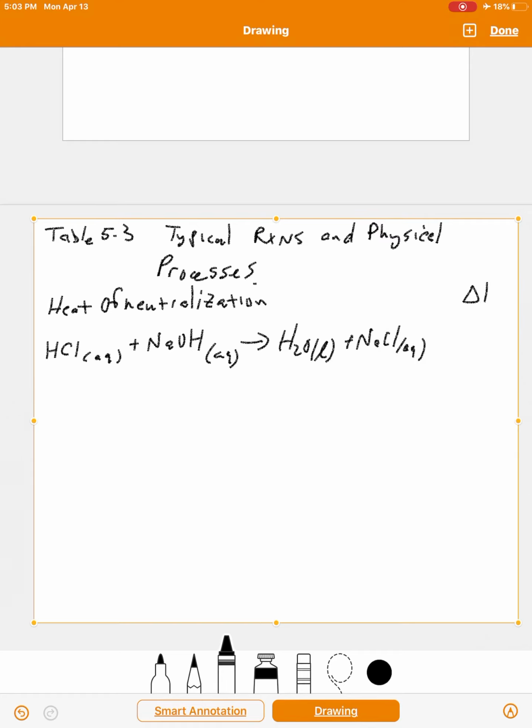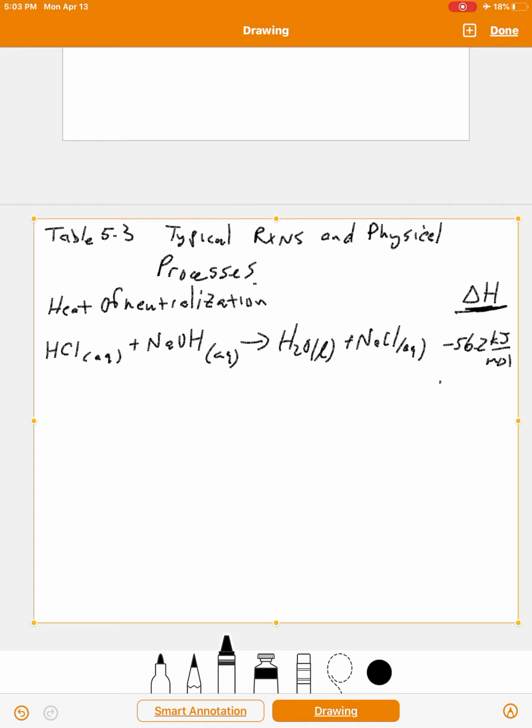And then put a little symbol here, delta H. The heat of reaction for that process is negative 56.2 kilojoules per mole. In other words, if you take a mole of HCl and a mole of NaOH and react them, the amount of enthalpy change associated with that reaction is 56.2 kilojoules.